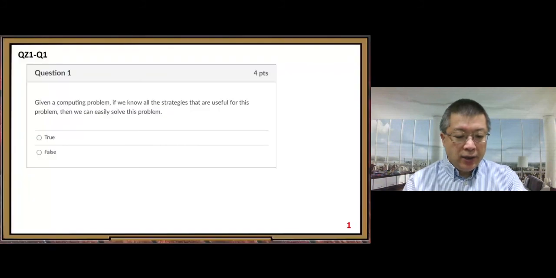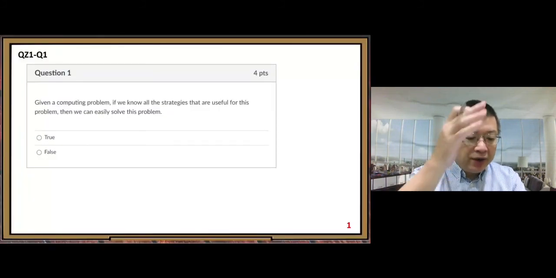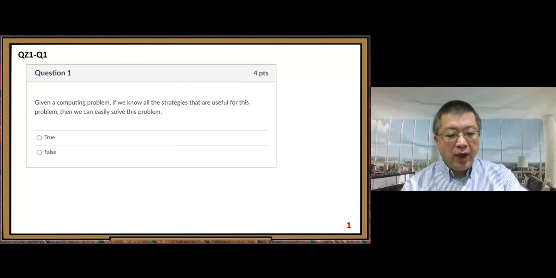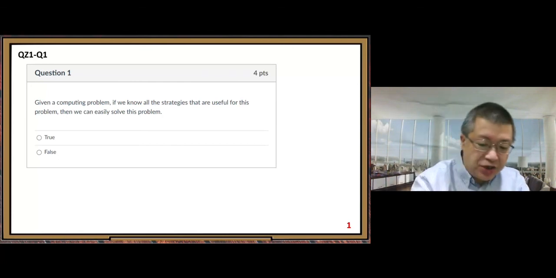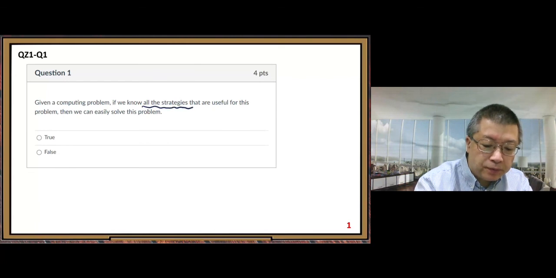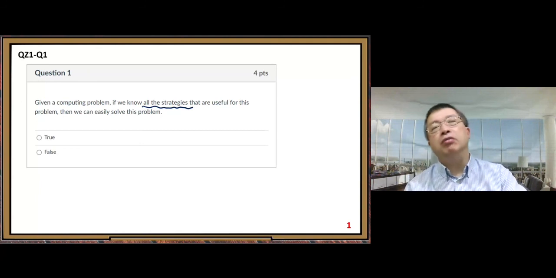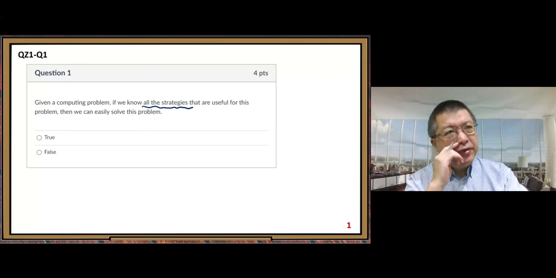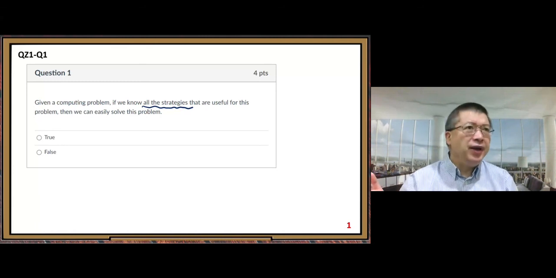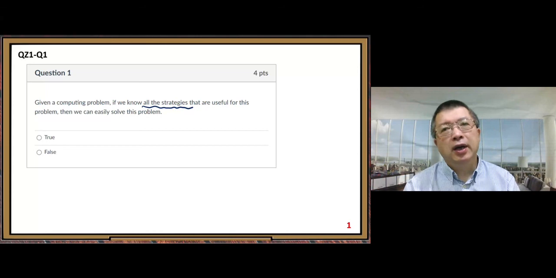All right. The first question in quiz 1: given a computing problem, if we know all the strategies that are useful for this problem, then we can easily solve this problem. For some of you, probably you feel it looks all right, right?